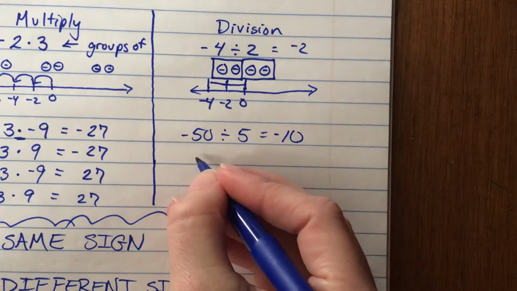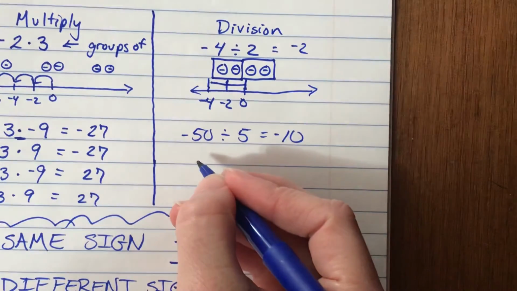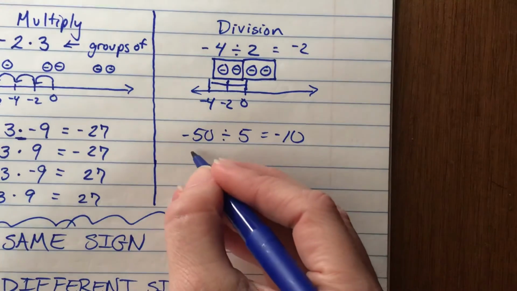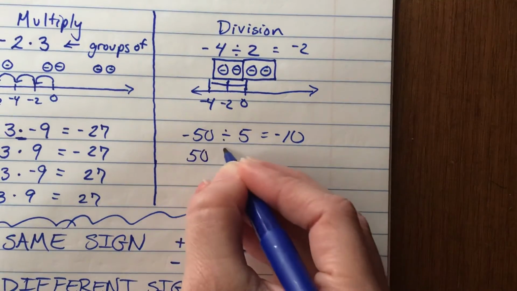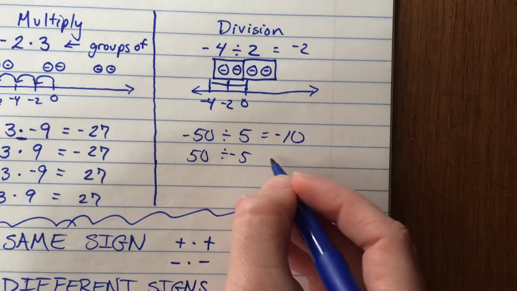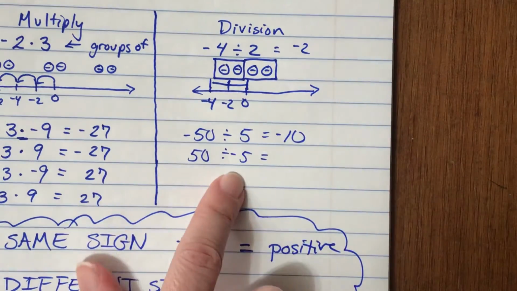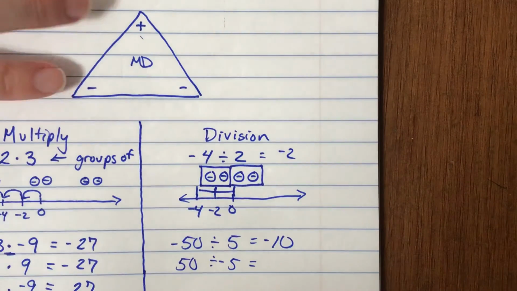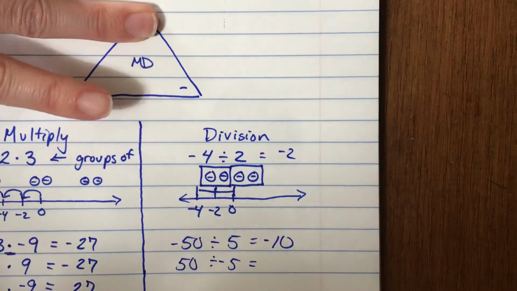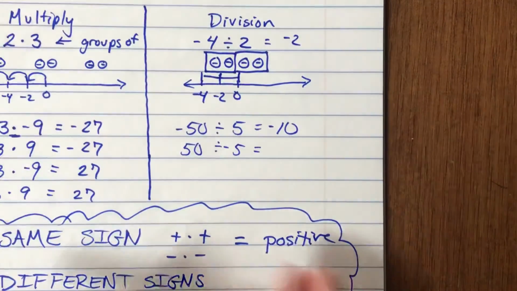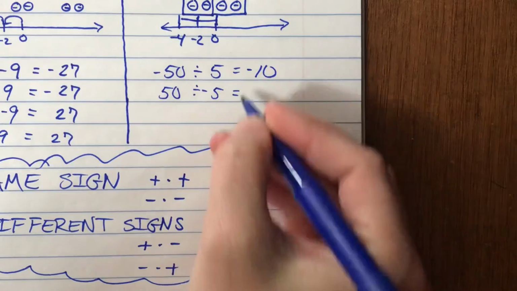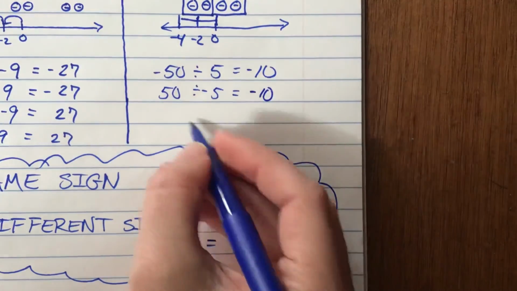What if we see positive 50 divided by negative 5? Positive divided by negative. Again, we can use our triangle. So a positive, cover that up, divided by a negative is going to get a negative answer again. And they're different signs, so we know it's going to be negative. So again, this answer is going to be negative 10.